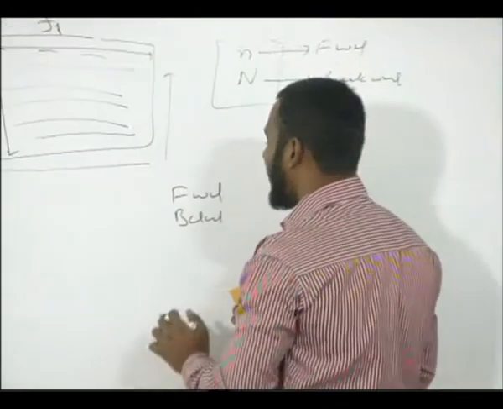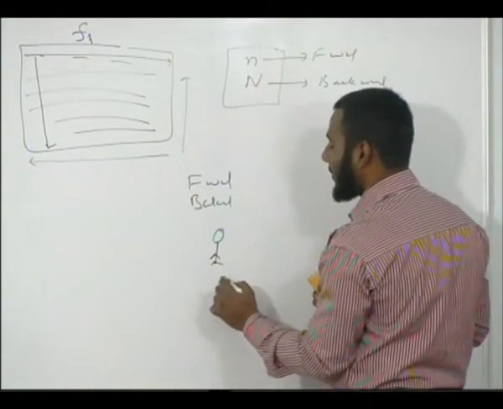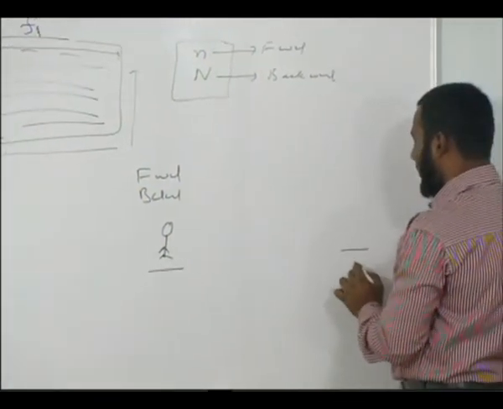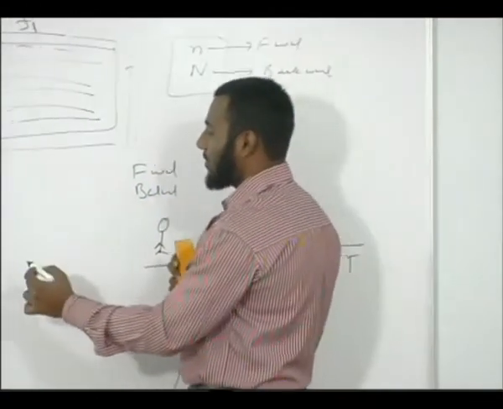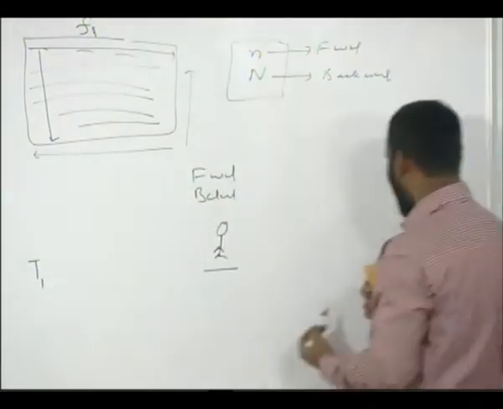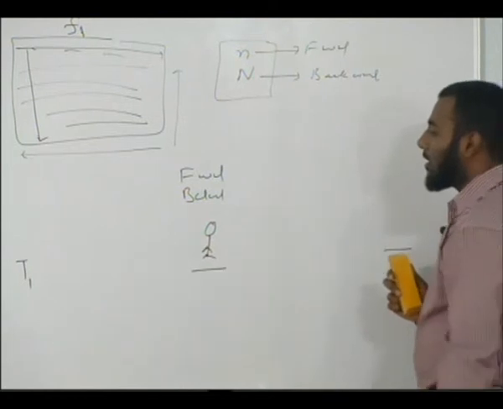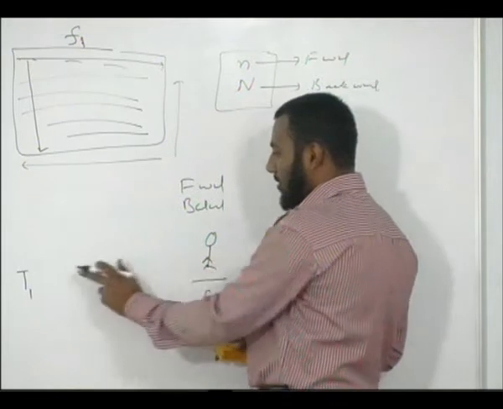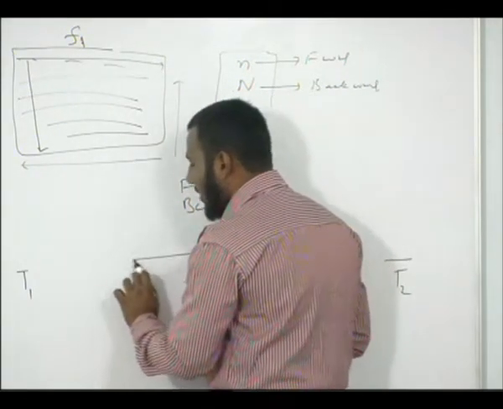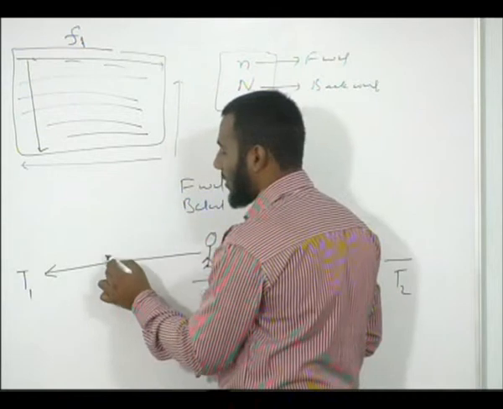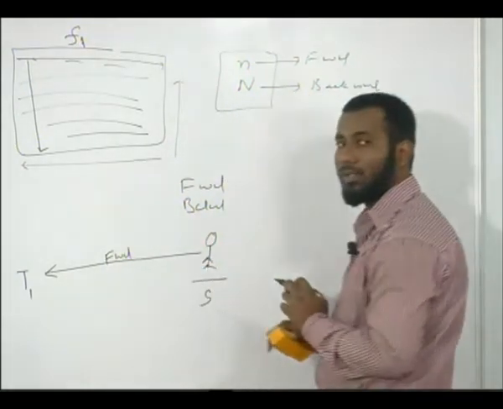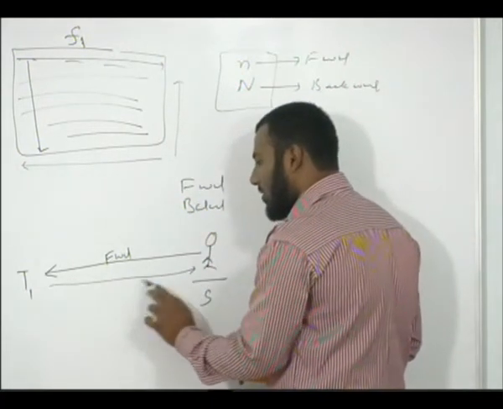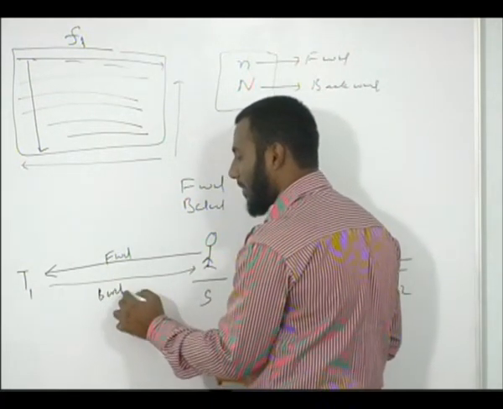To understand that, assume that here we are standing, and the goal of this user is to move to a target place. Assume that there are two target places, T1 and T2.